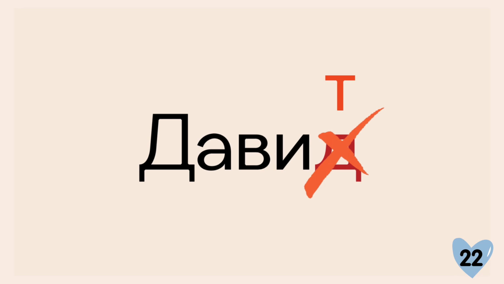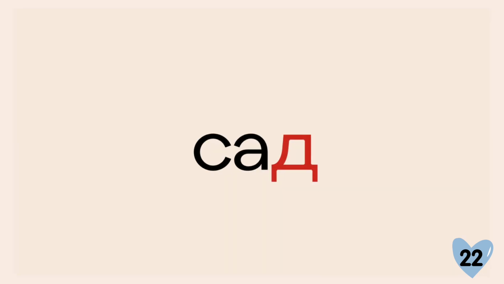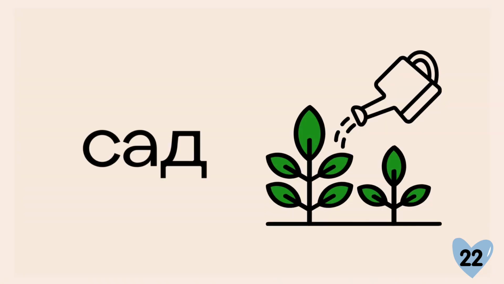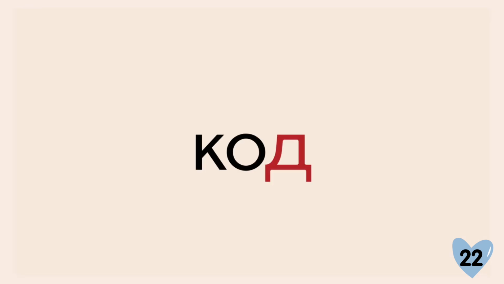Now, let's read a word as an example. Take a second to read it. Yeah, we read it with T, not D. Sat. Sat means garden. Now, let's read another word. You go. Great.